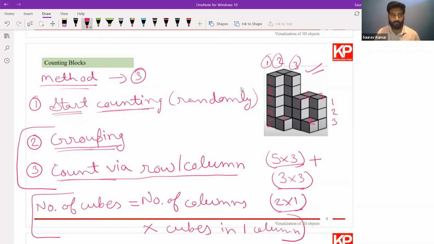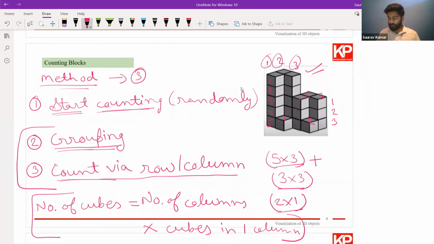Quickly tell me if the things on this slide are clear to you or not. Yes, sir, understood. Understood?